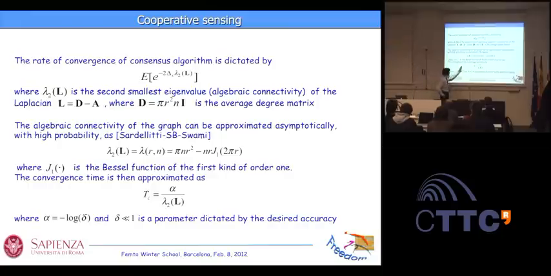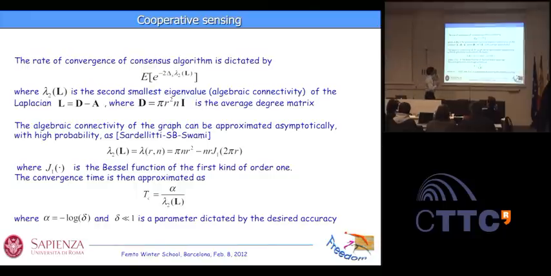Nevertheless, we recently found an asymptotic expression for this eigenvalue. We show that the eigenvalues of the Laplacian matrix describing a random geometric graph are going to be more and more confined around a certain point, so they tend to become like deterministic variables as the number of nodes in the network goes to infinity, so asymptotically.